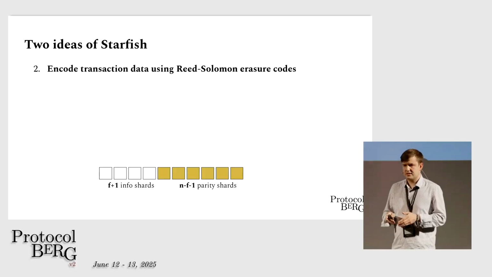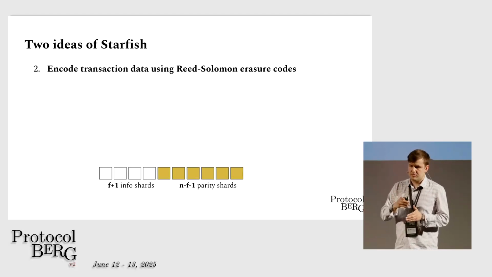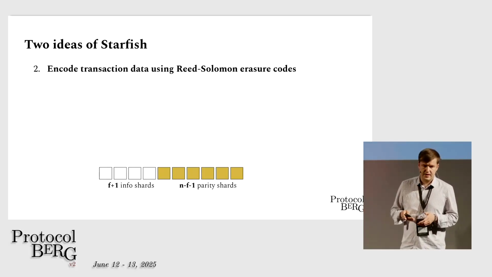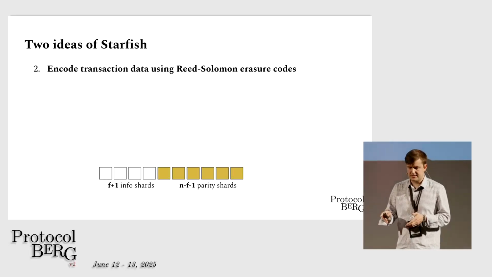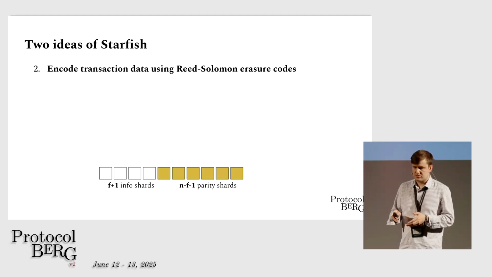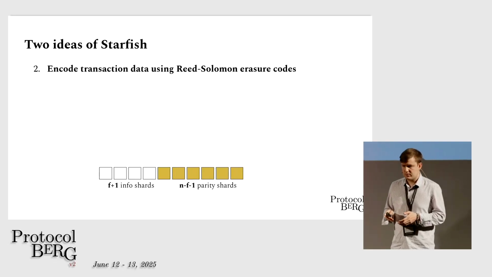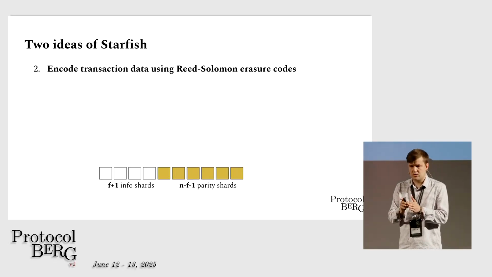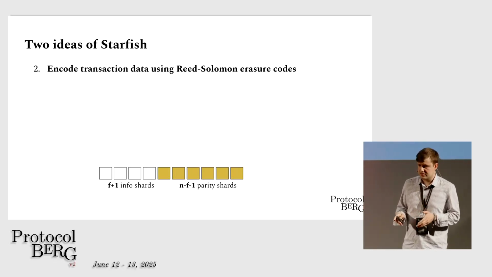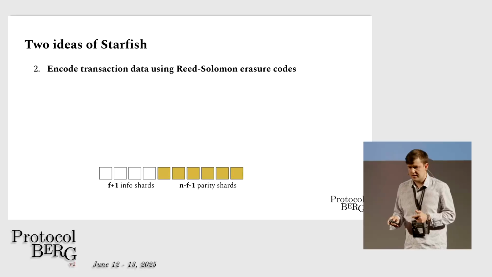The first idea is enough to make a pushing strategy work in practice, but the second idea is needed to amortize the communication complexity. So now what we are going to do is encode transaction data using, say, Reed-Solomon codes.